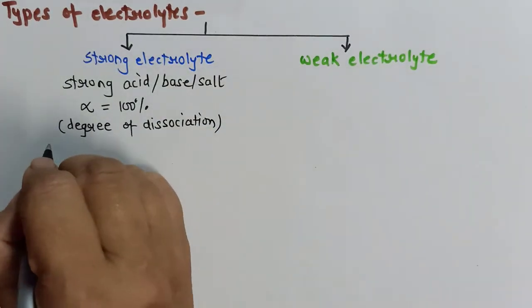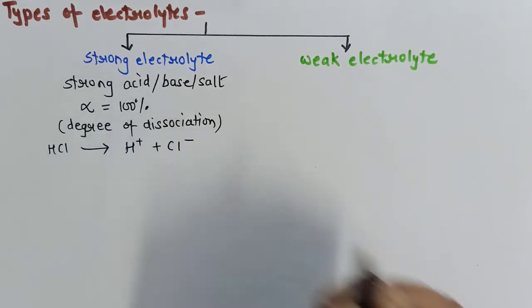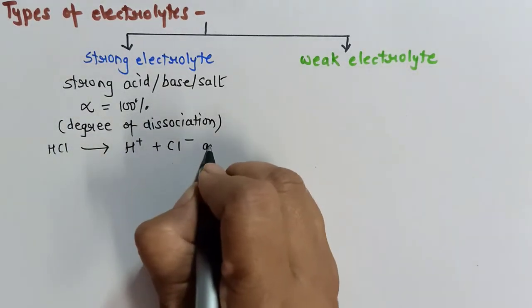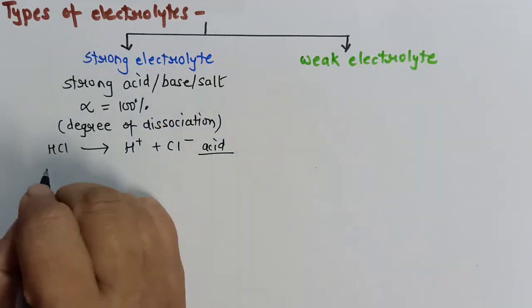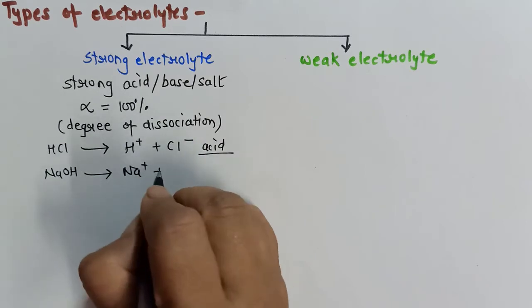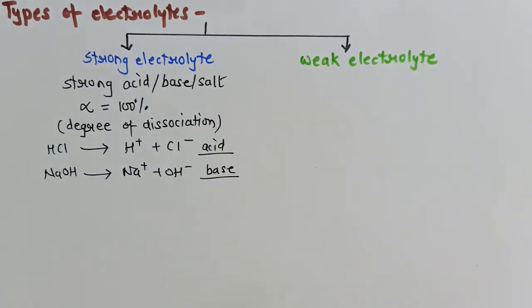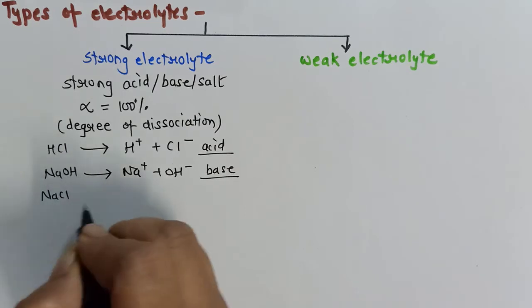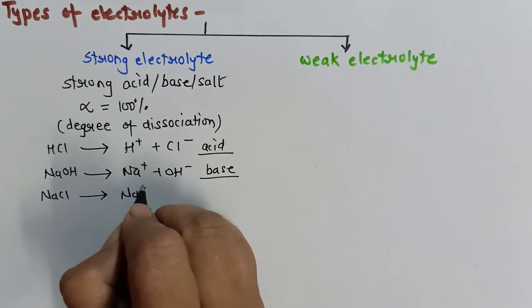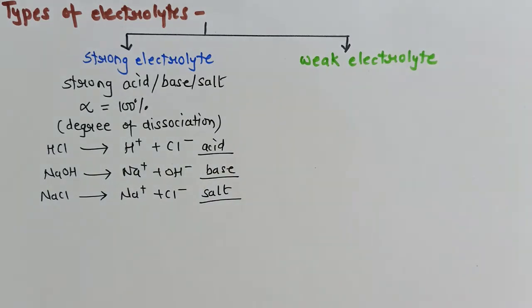Like HCl. HCl will completely dissociate into H plus and Cl minus, which is a strong acid. Sodium hydroxide will completely dissociate into sodium cation and hydroxide ion, which is a base. Sodium chloride, which is an example of salt, will also dissociate into sodium cation and chloride anion. So these are strong electrolytes which will show complete dissociation.